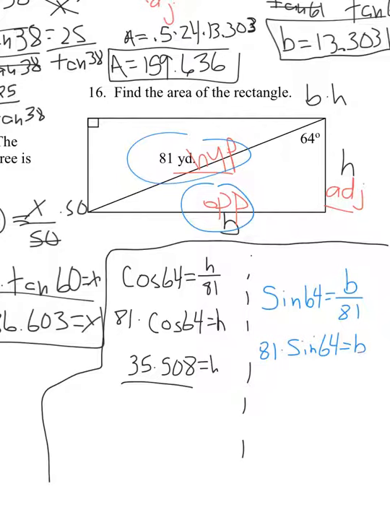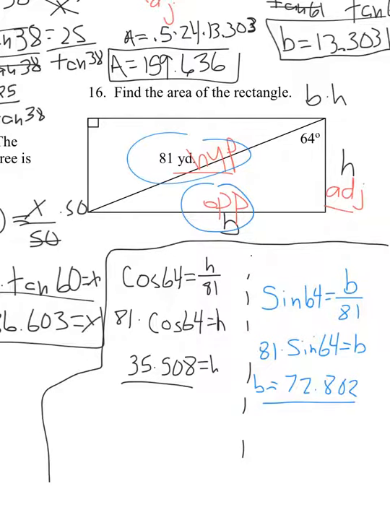So this one, 81 times sine 64, is going to give us 72.802.